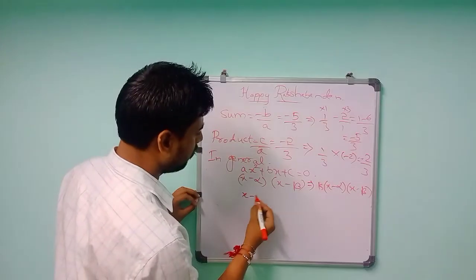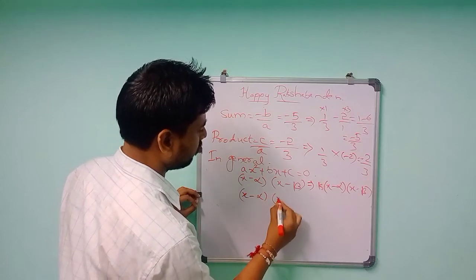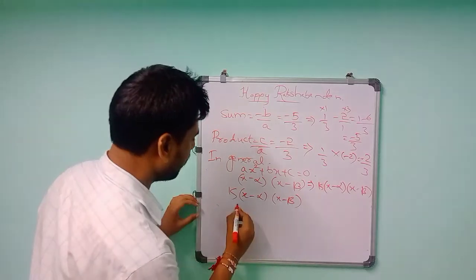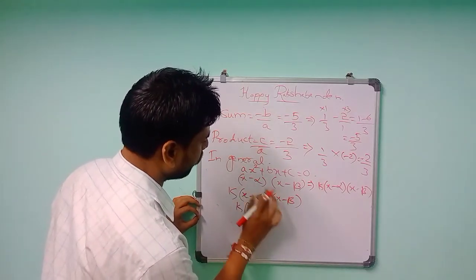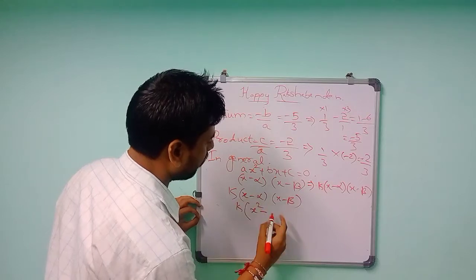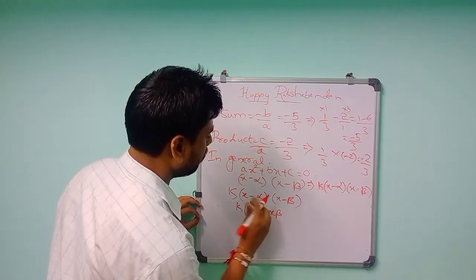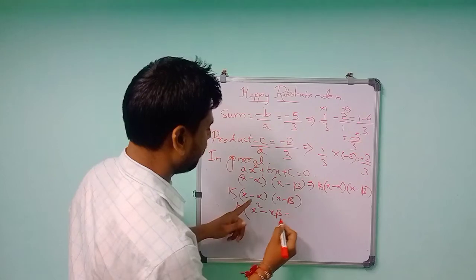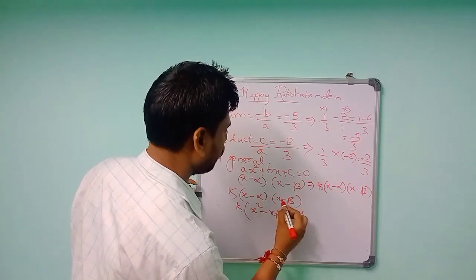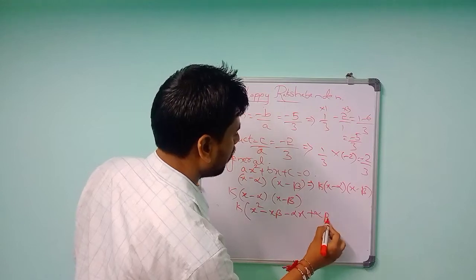Split the terms, k you take. Multiply first x into this one: x square minus x beta. Then take the next term, minus alpha into x is minus alpha x, minus into minus is plus alpha beta.